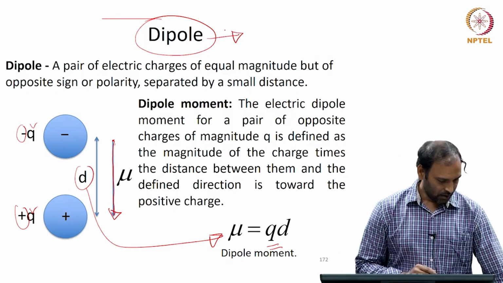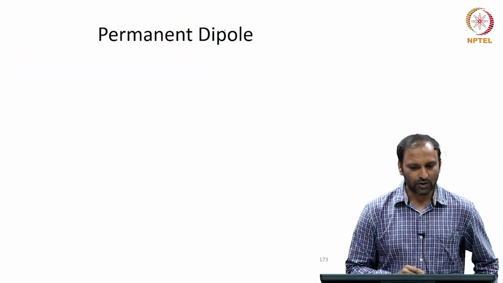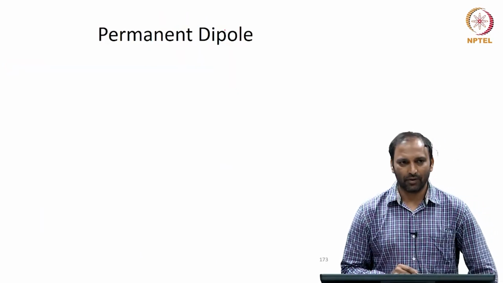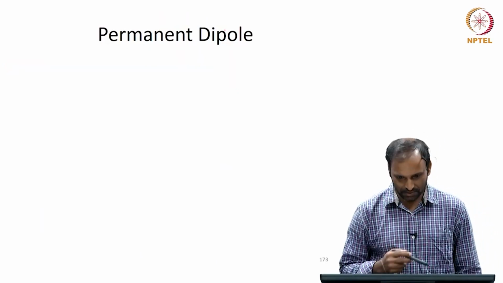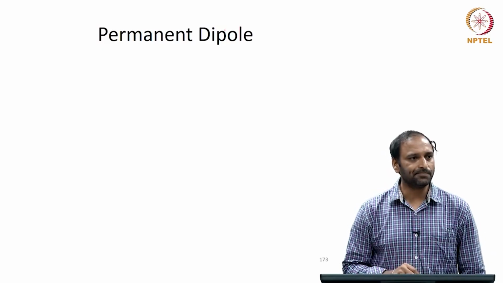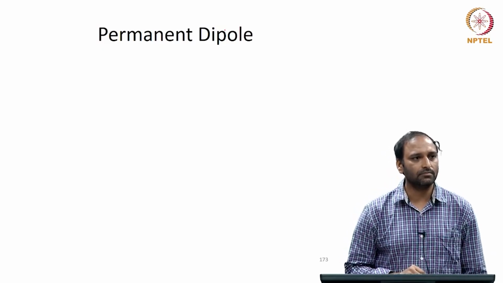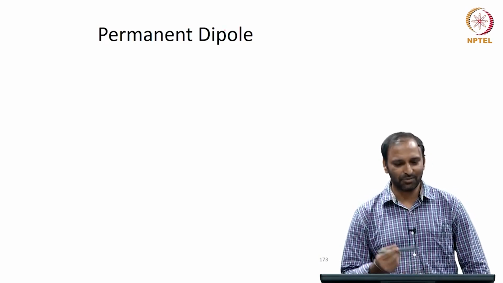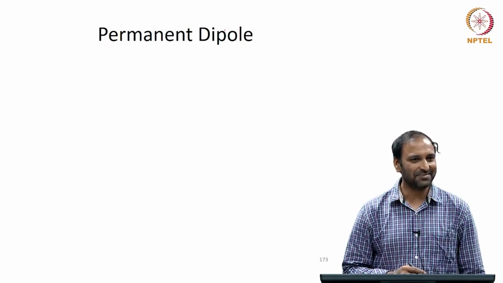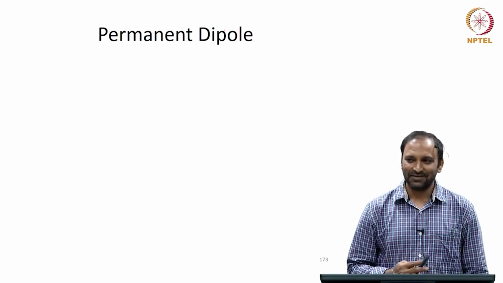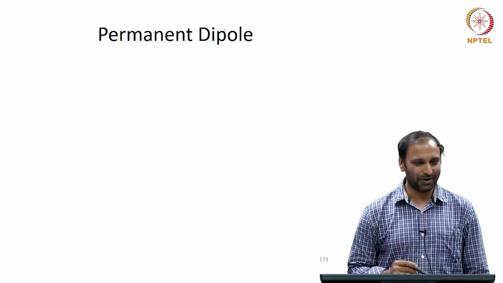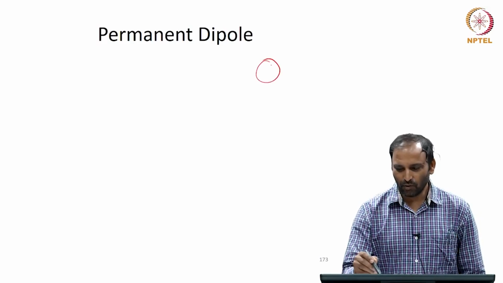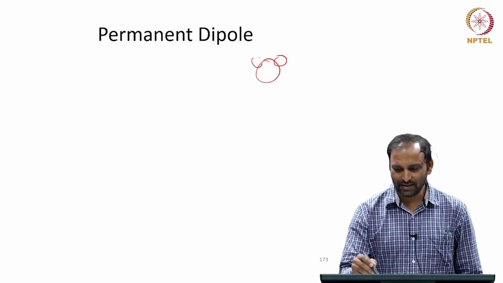Okay. Let us talk a little bit about what is called a permanent dipole. Any thoughts? What is a permanent dipole? Some thoughts? Like, a water molecule has a permanent dipole. Yes, a water molecule has a permanent dipole, right. Whenever you have seen water molecules, people represent it something like this.